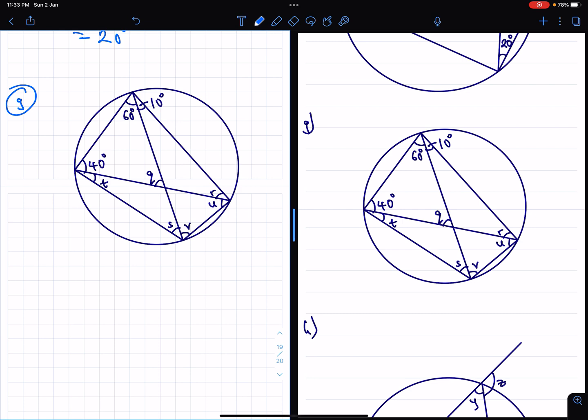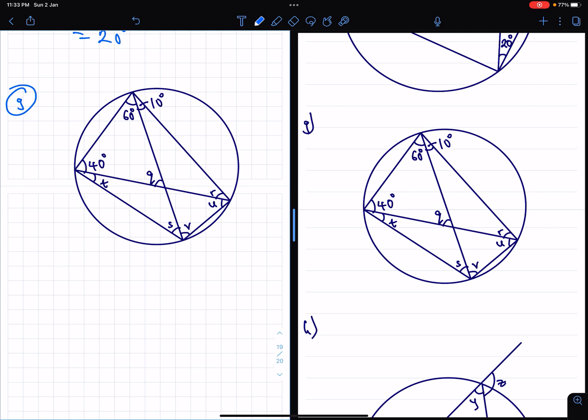Let's see, 60 plus 10, S plus V. Okay, the center is not given here. I hope I didn't omit it. Let me check the question to be sure. Okay, let's just go.